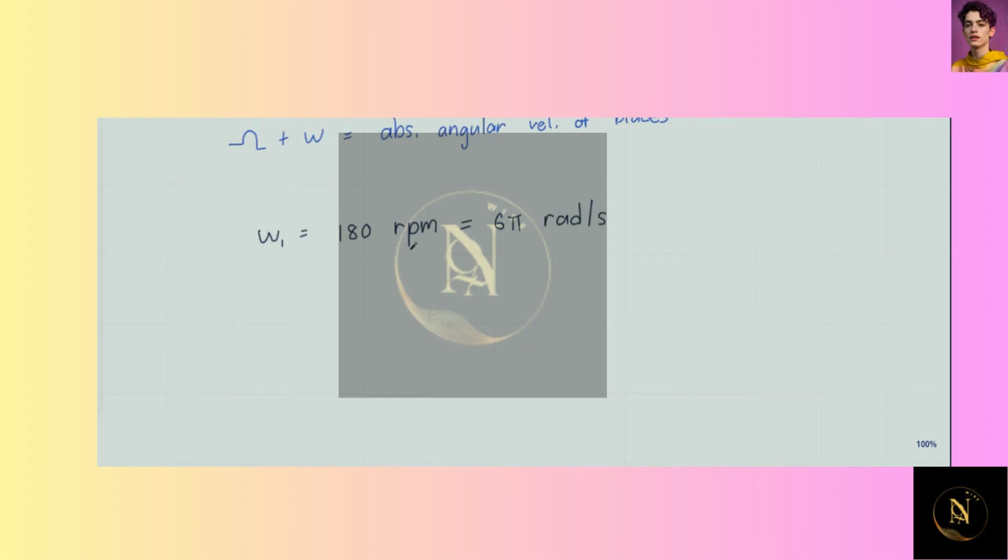We know that 1 rev has 2 pi radians and 1 minute has 60 seconds. The second state has omega 2, the angular velocity of the blades relative to the cab, changing to 240 revs per minute. And this calculates to 8 pi radians per second. So we have the small omega for each state.